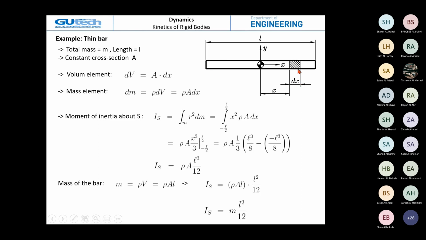If we take this dm, it's only rho, the density, multiplied by dV, and dV is only the cross section A multiplied by the infinitesimal distance in the x direction, dx.